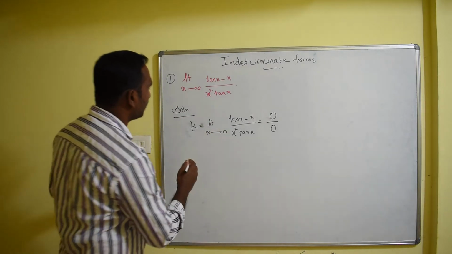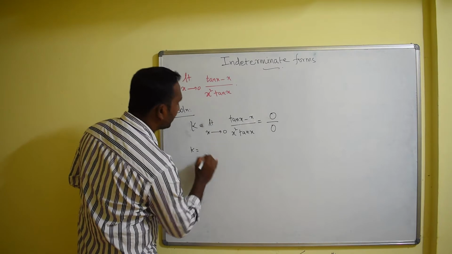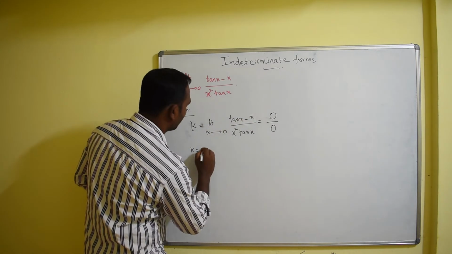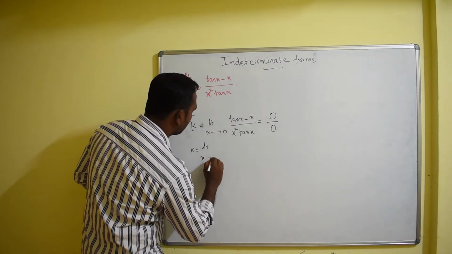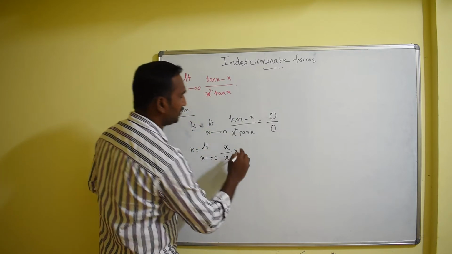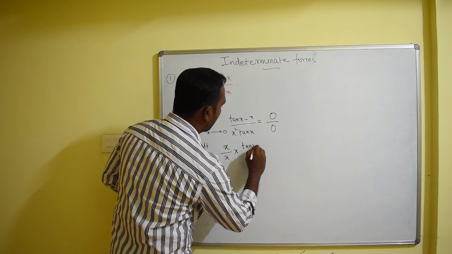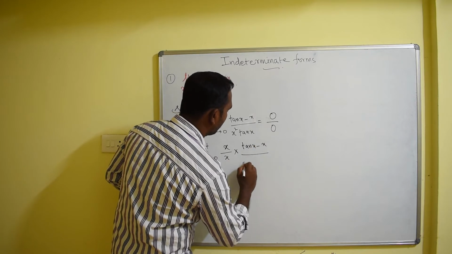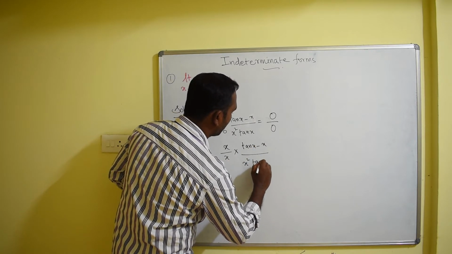So how to do that? I will multiply and divide by x here, so that will give limit x tends to 0 of x divided by x into (tan x minus x) divided by (x square times tan x).